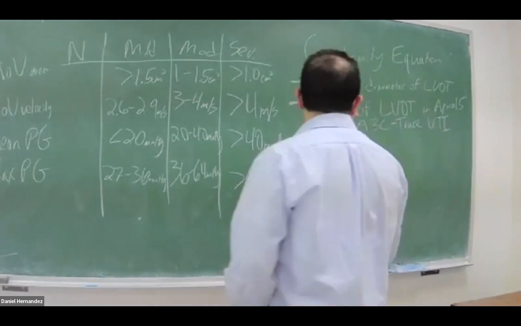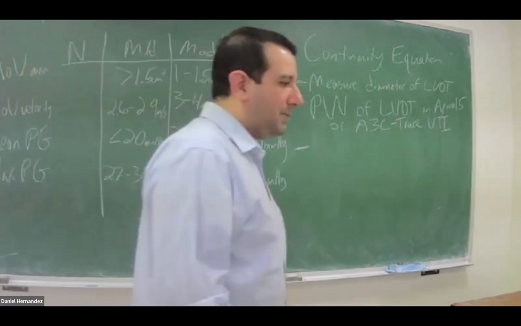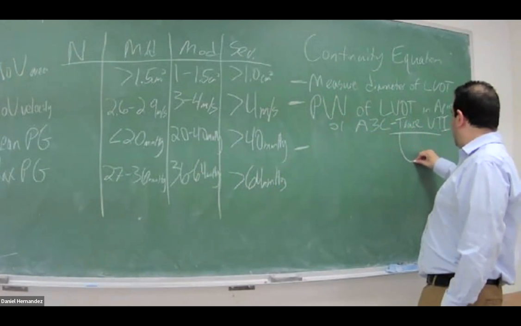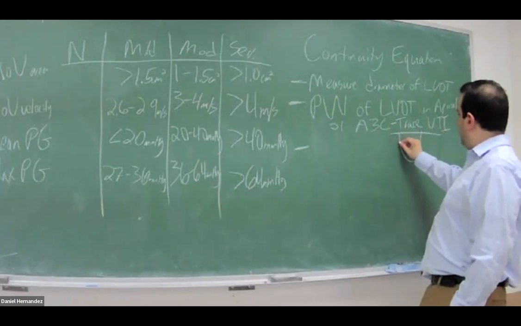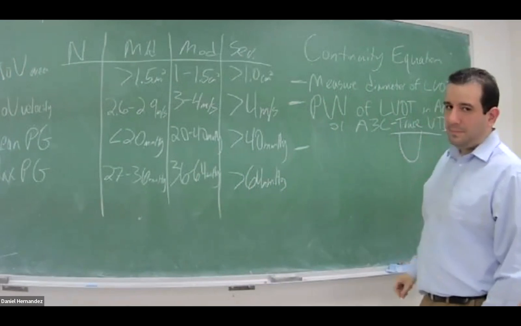So we're going to pulse wave the LVOT in apical 5 or apical 3 chamber, and then trace the velocity time integral. If we have our tracing, we're going to trace along that curve, baseline to baseline.